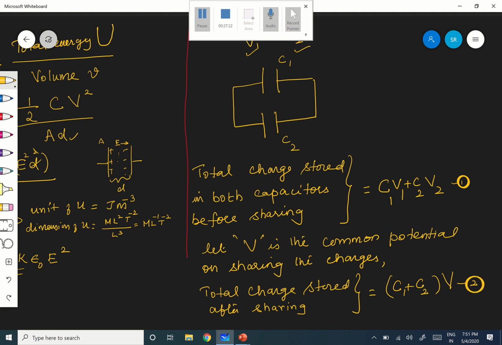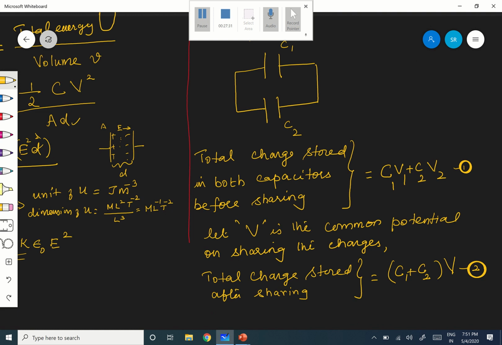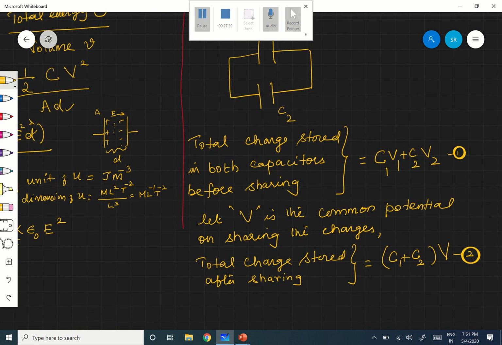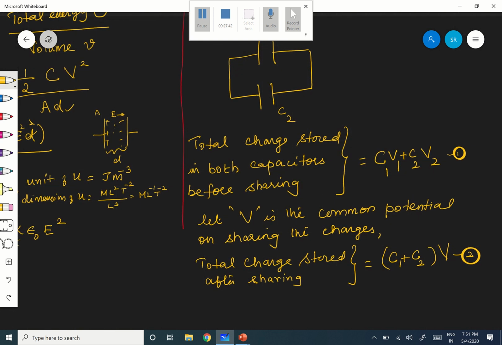Now on sharing, is there any net loss in charge? No, there is no loss of charge, it is only being shared from one to another. Therefore I can say equation 1 is equal to equation 2. Equating 1 and 2, because there is no loss of charge because of sharing.